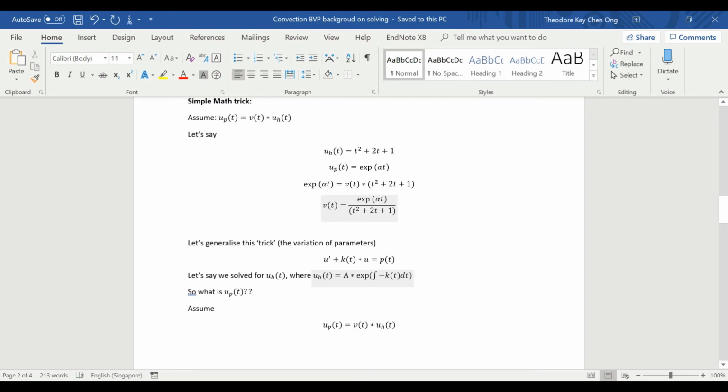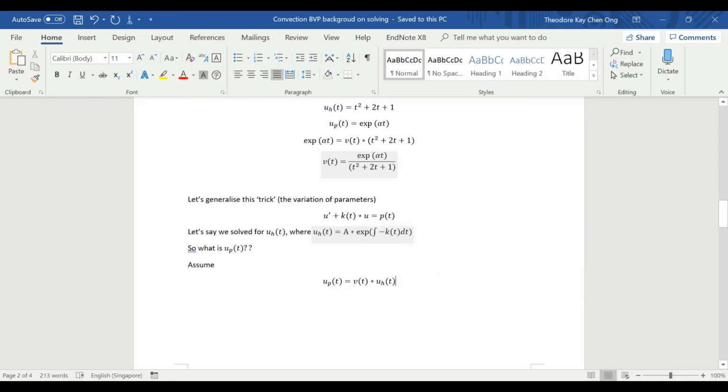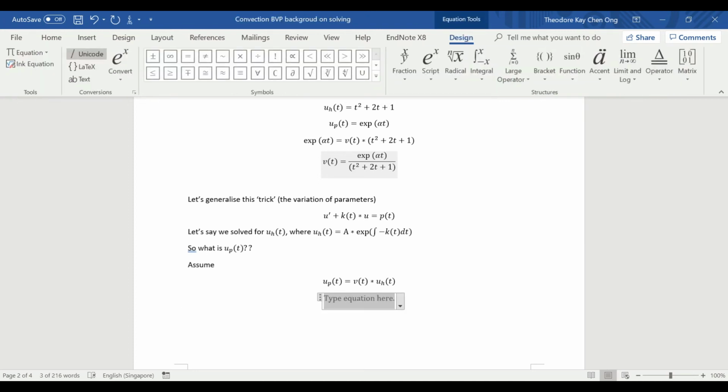Okay, so now what do we need to do? Our next step, we'll want to substitute this expression back into this which we have over here. So what can we do? We'll need to differentiate this. So u_p'(t). So that's the differential.